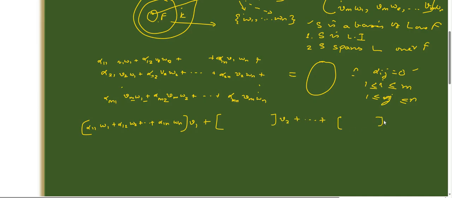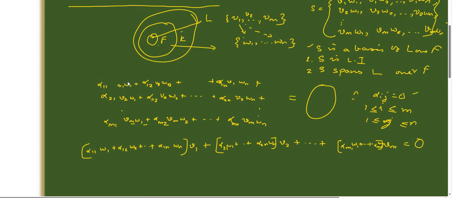Finally Vm we take out: alpha m1 W1 plus, and so on, alpha mn Wn, equal to 0. Now V1, etc., Vm form a basis of L over K.